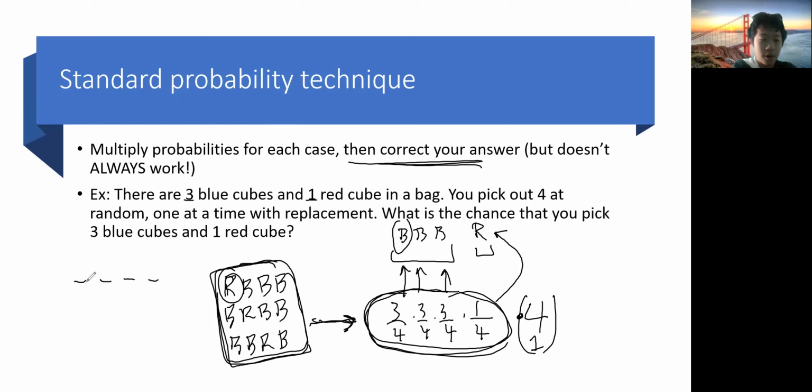Out of these 4, I chose one of the spots to put the red in, and that determines the number of different arrangements of blue and red I can have. So I multiply by 4 choose 1 to correct my answer. 4 choose 1 is just 4. These 4s cancel, and the end result is 27 over 64. And that's the probability. Any questions here?